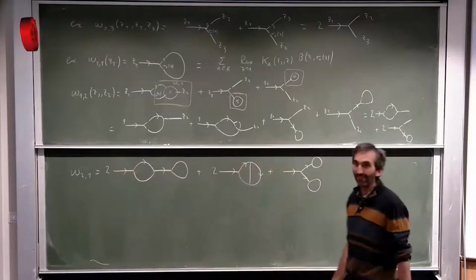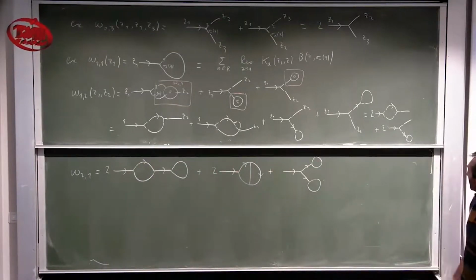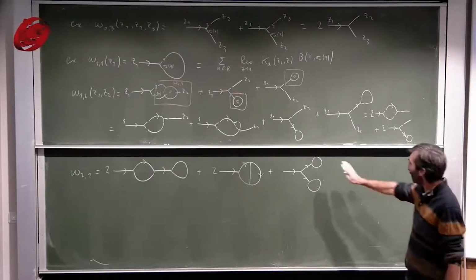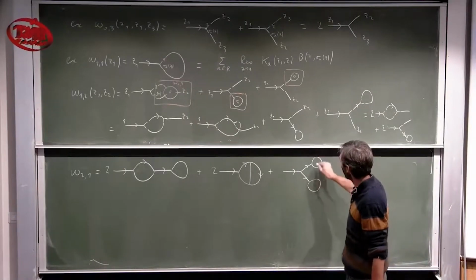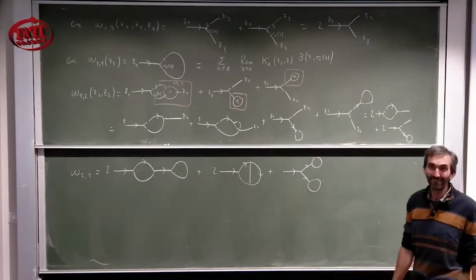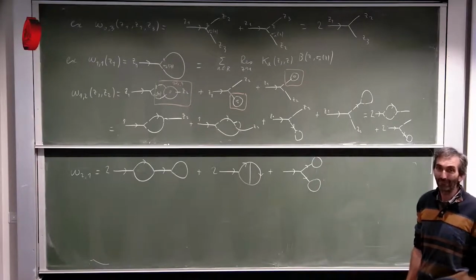What do you mean by no genus? I mean, these graphs are planar. But I'm just talking about this loop. You have two loops here. Yes, the graphs are no more planar. There is no genus in this function.